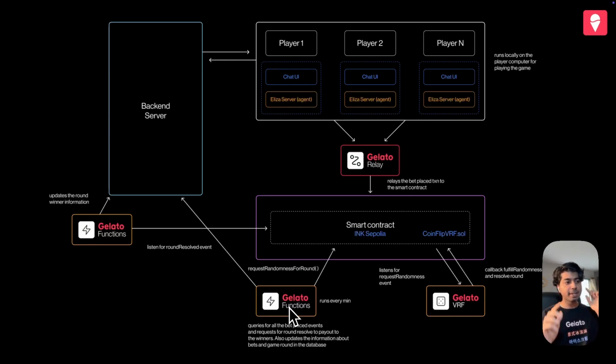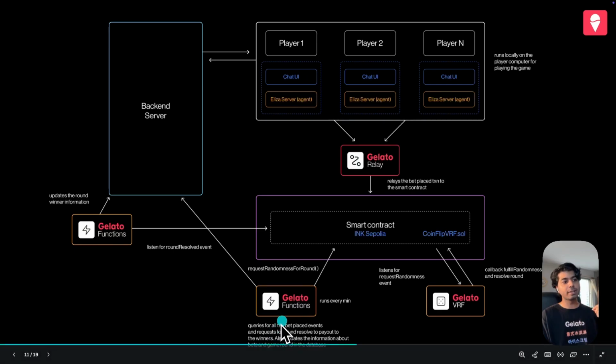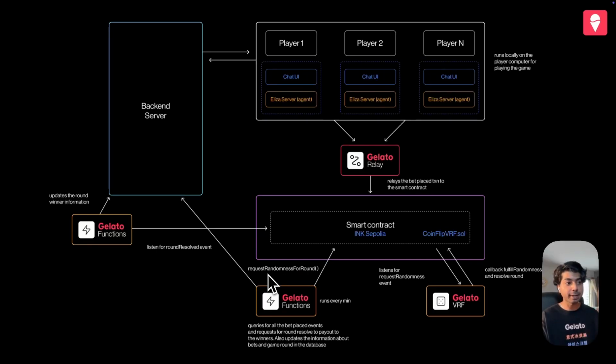Basically, once every minute, this will call request randomness for the round, which means that the round is concluded automatically. You have Gelato VRF listening for this request randomness event, and it will then deliver the fulfill randomness, which will essentially conclude the coin flip and declare the winners in the smart contract.